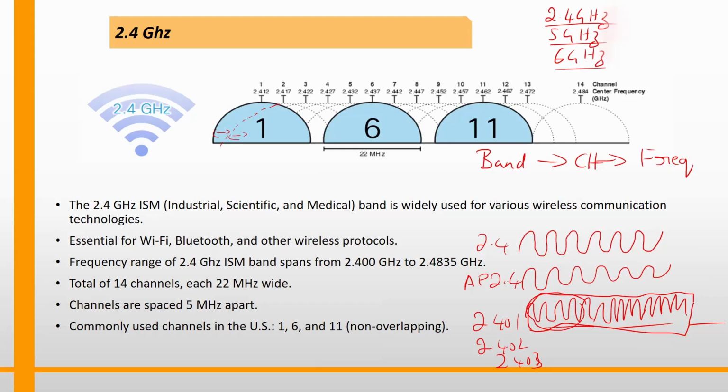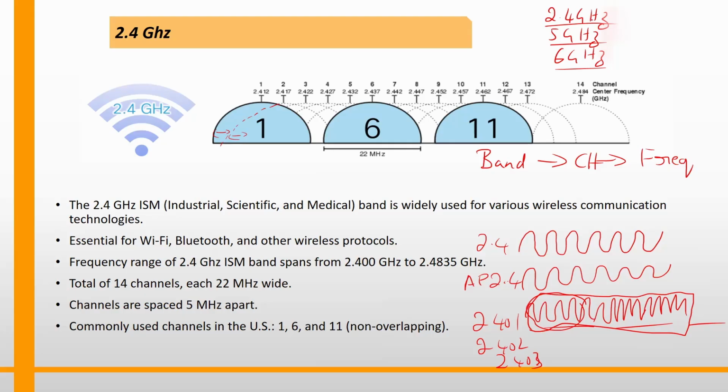If I am sending the signal on the same frequency, then there is a high chance that the whole information gets corrupted. But when I am sending the signal on different frequencies, a part of the information gets corrupted, but that can be compensated with other technologies that we are going to learn later. So that is why we are going to send the signals on different frequencies.